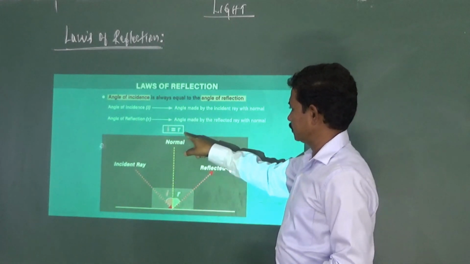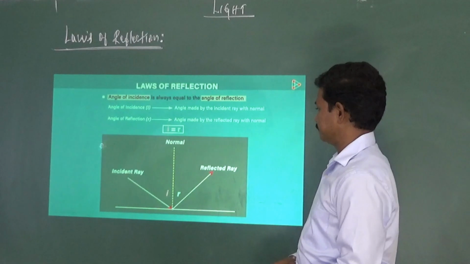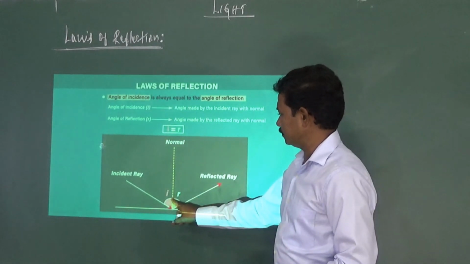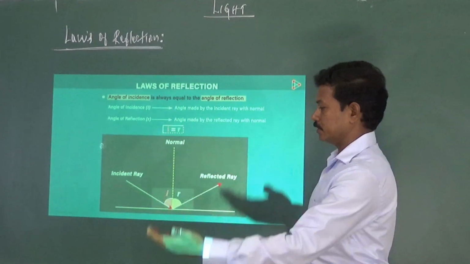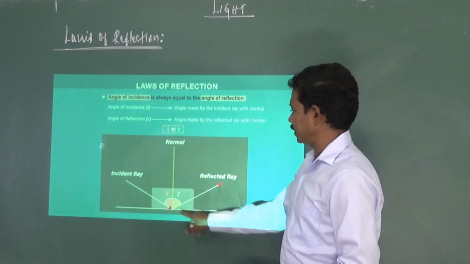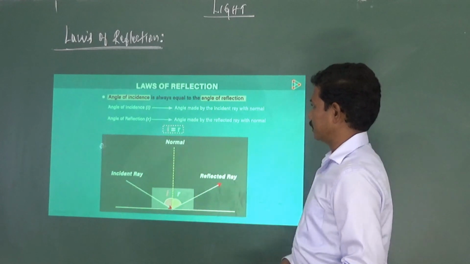Angle I is always equal to angle R. That's very important. If I increase the angle value, the I value is increased, so naturally the R value also increases to the same magnitude. So here also again angle I is equal to angle R.